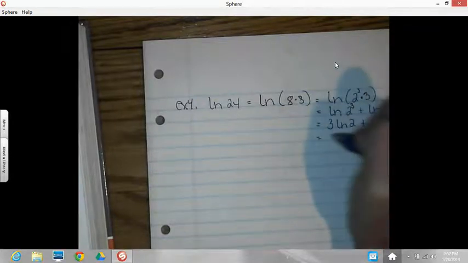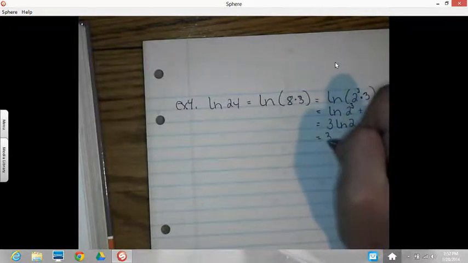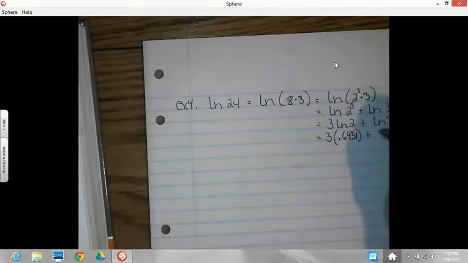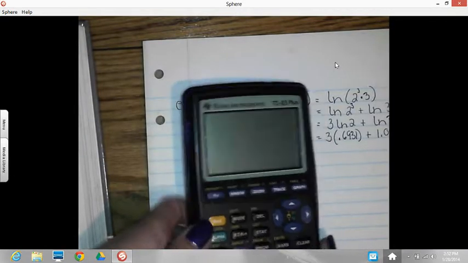And now I actually have these 2 values in the book that they gave me. So it's 3 times 0.6931 plus 1.0986.